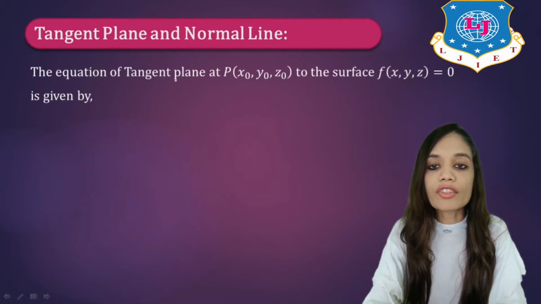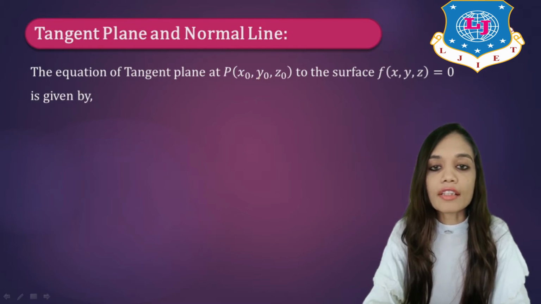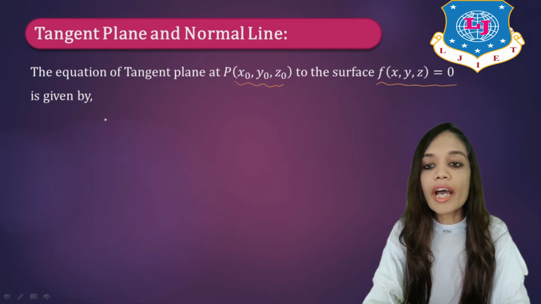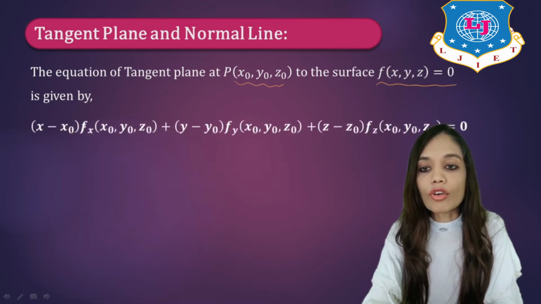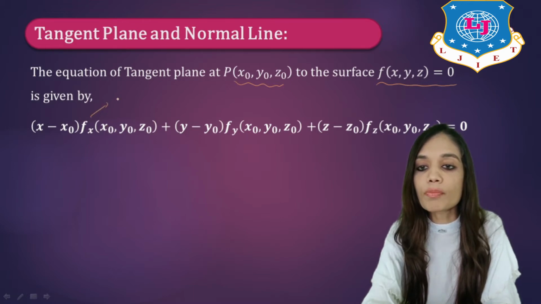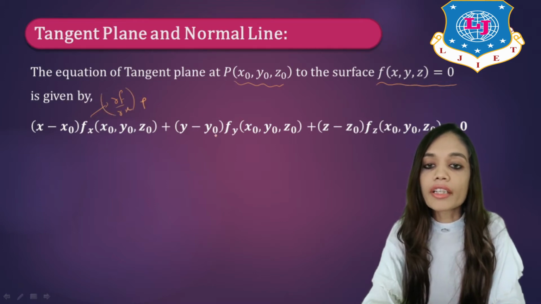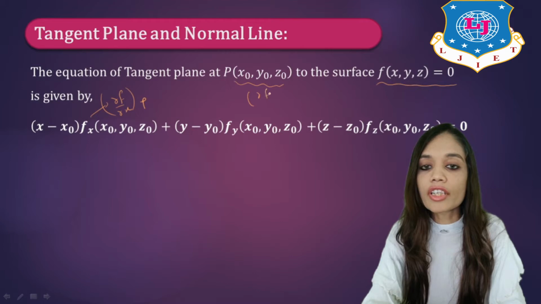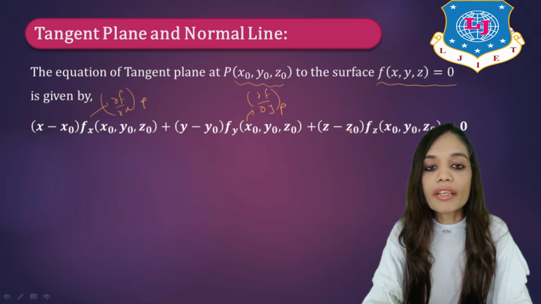So the equation of the tangent plane at P of x0, y0, z0, this is our point P, to the surface f of x, y, z equal to 0 is given by x minus x0 times fx at x0, y0, z0, that is the partial derivative with respect to x at point P, plus y minus y0 times fy at x0, y0, z0, that is the partial derivative of f with respect to y at point P. And lastly, plus z minus z0 times fz at x0, y0, z0.